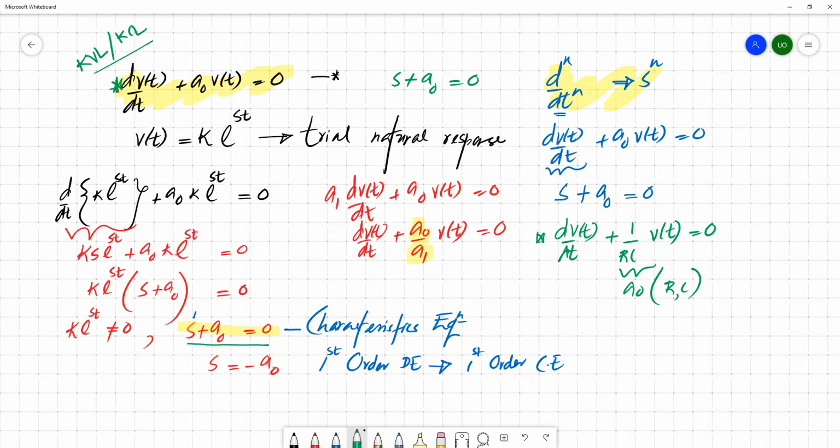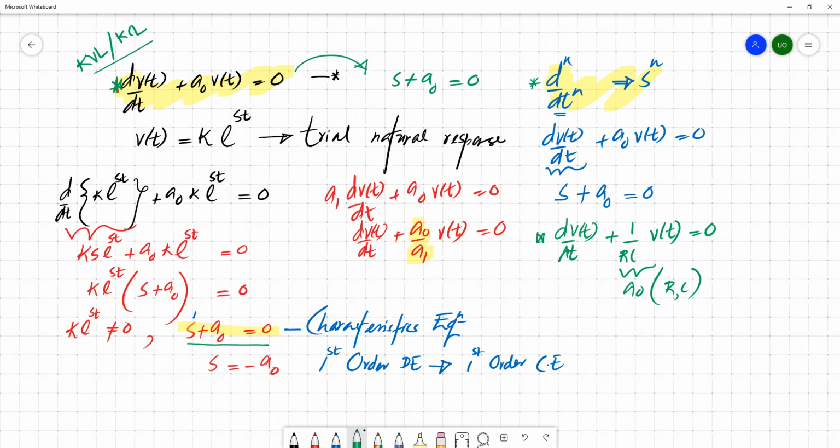If you get the first order differential equation, you can easily get the corresponding characteristic equation by substituting. The nth order derivative can be replaced by s to the power n. So if it is a first order differential equation, you will end up with a linear characteristic equation, again first order. The characteristic equation again has a maximum power of 1.